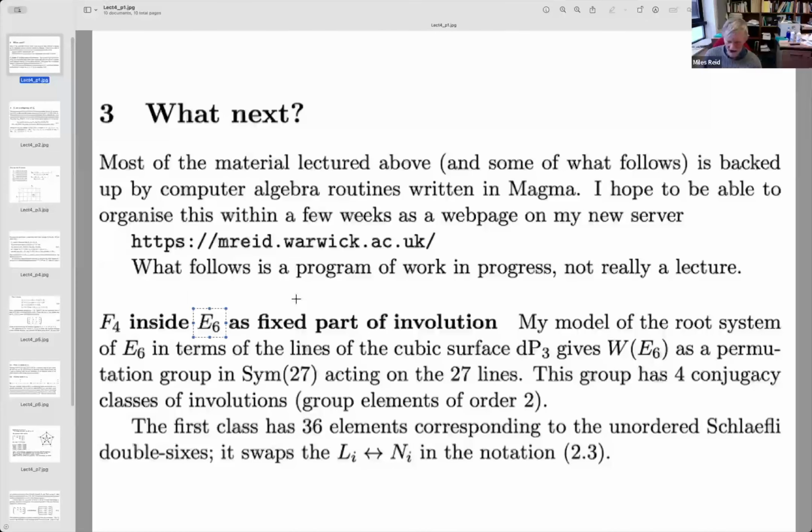projective homogeneous space for the Lie group E6. And, if you don't know what E6 is, which I don't really, E6 can be thought of as the group of symmetries of that projective homogeneous space.